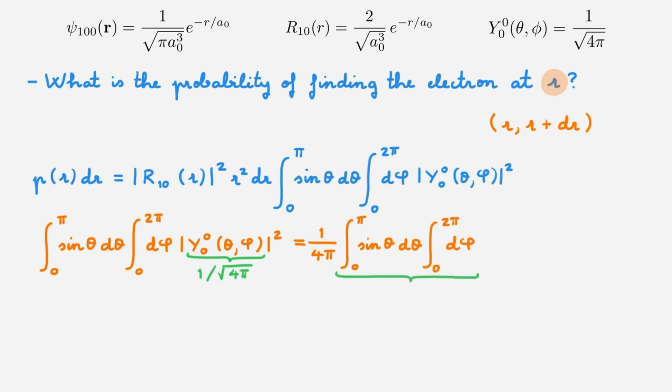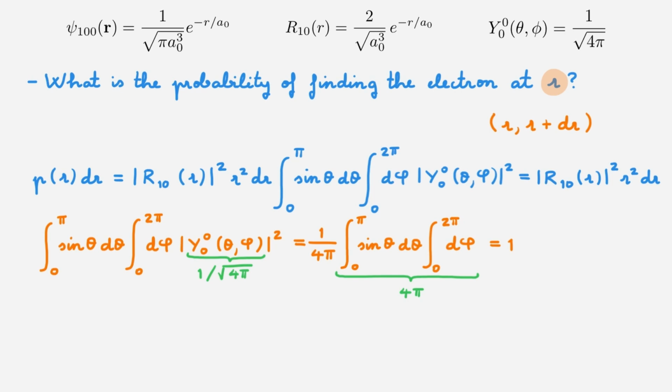These integrals give the solid angle of the full 3D space, which is 4 pi, and we end up with 1. Inserting this result inside the probability of finding the electron at a distance r from the proton, we get the absolute value squared of the radial function times r squared dr.